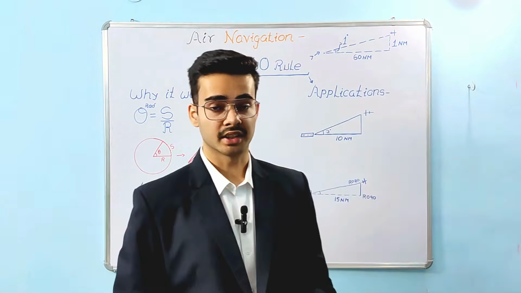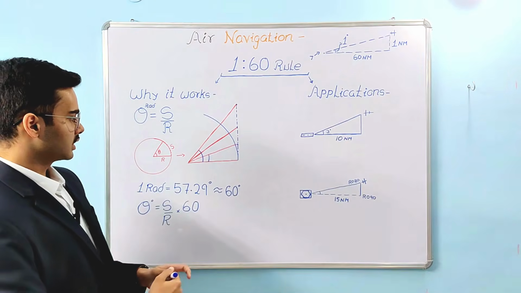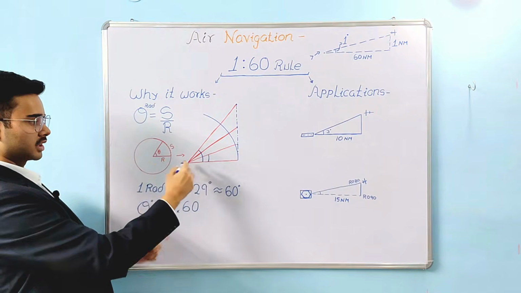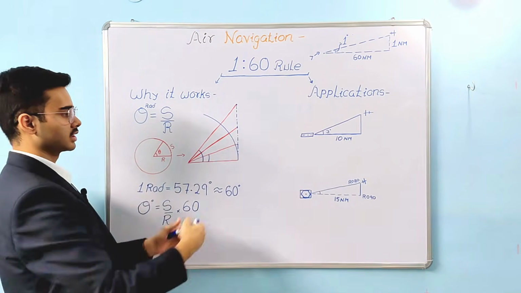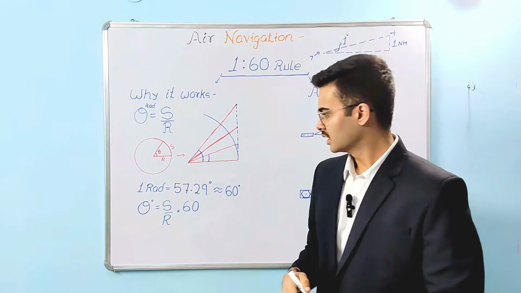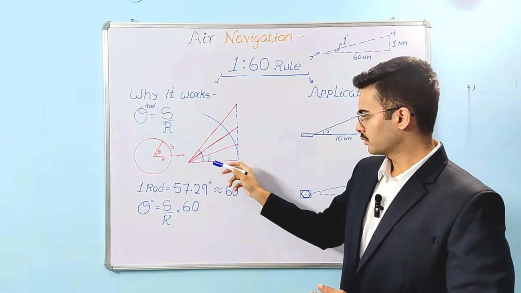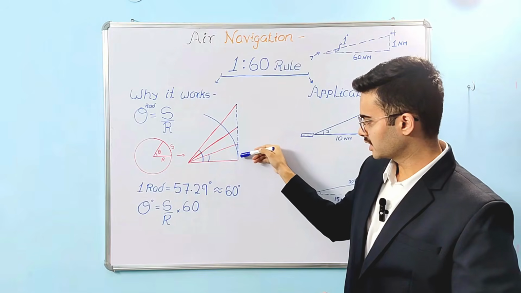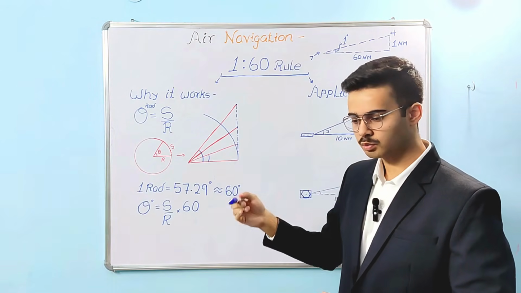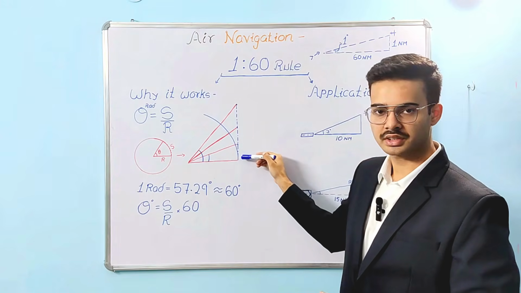Let's see why. You see the diagram here? If we enlarge the part that's drawn in the circle, it will look a bit like this. So how to understand this? We take smaller angles only, because for smaller angles the straight length that we are creating is almost equal, coinciding with the curved path of the circle.